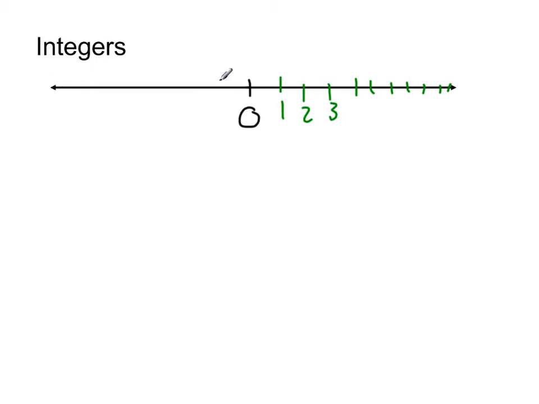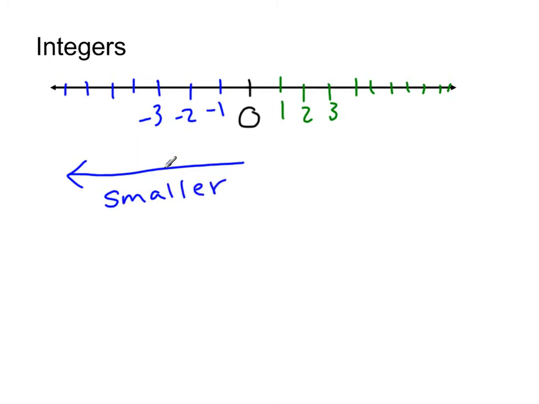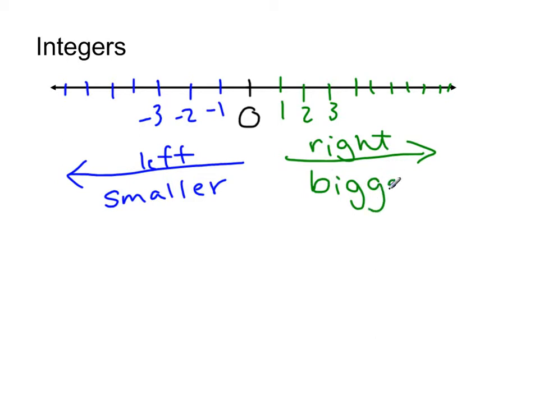We can head into -1, -2, -3, and we keep on going down. As we go to the left, we get smaller. And when we go to the right, we get bigger. And that's just how our math world works.